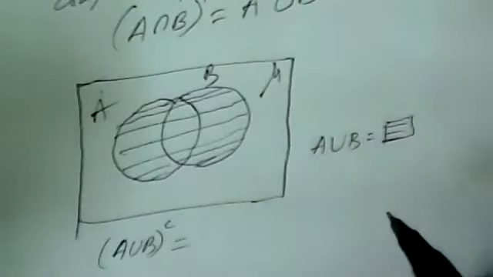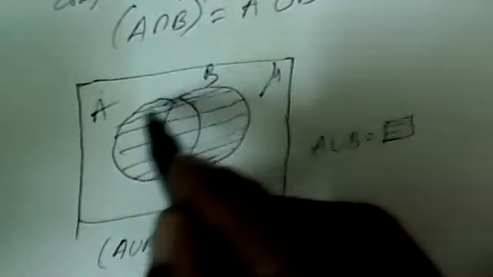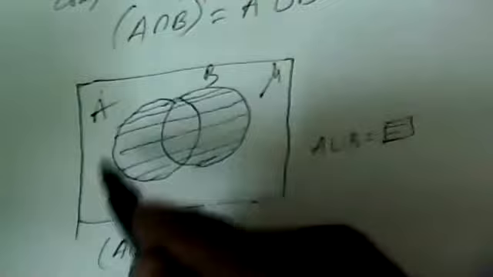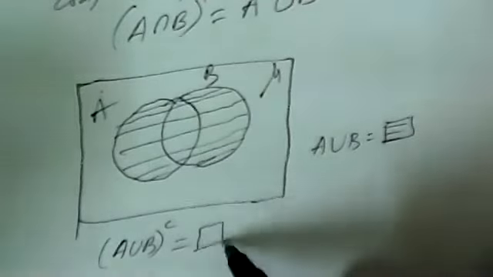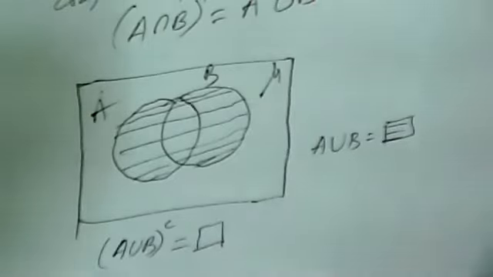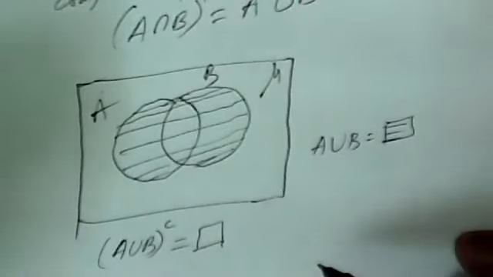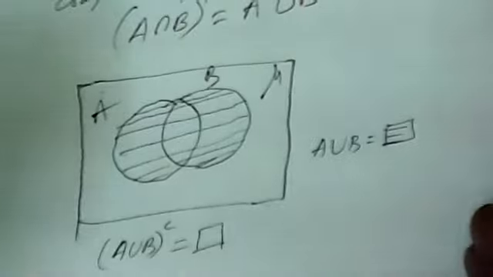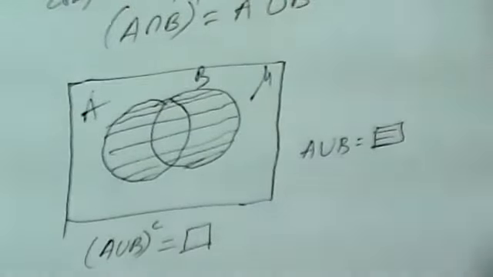So A union B whole complement means mu minus A union B. That is, remove A union B from mu. So the entire white region, whatever we have, that is A complement intersection B complement. So note down this first.